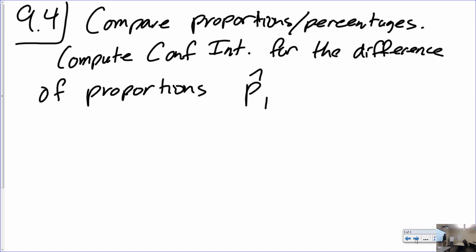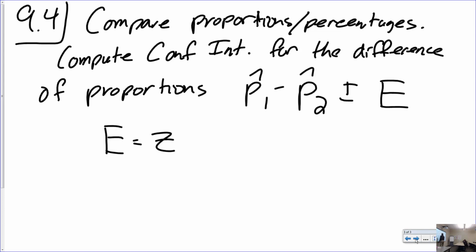So p hat 1 minus p hat 2, and just like before, there is going to be an error value, plus or minus the error. And the error calculation you are going to get for this one is going to look relatively familiar, but not quite exactly the same.